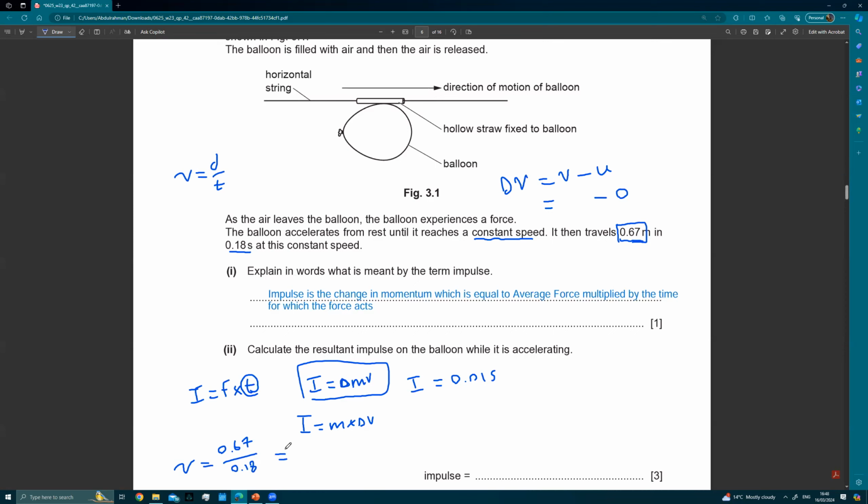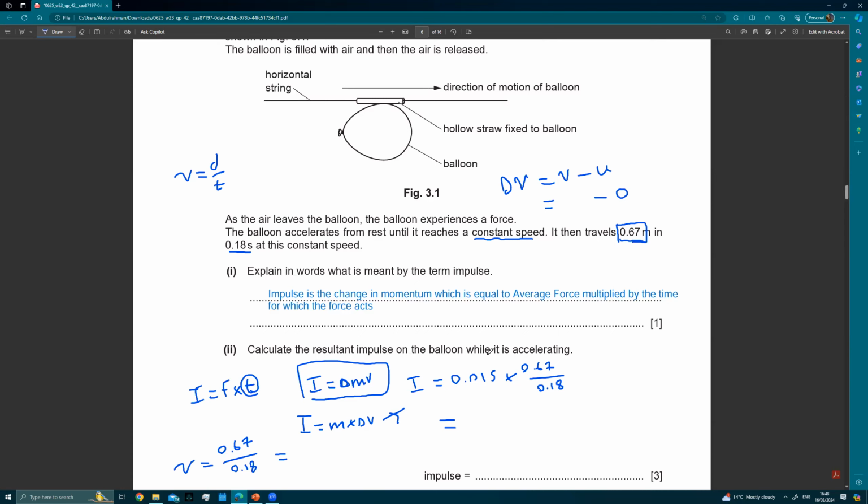And now I could say that impulse is mass times velocity. So mass times the velocity, which is 0.67 over 0.18. And this gives me... sorry, my calculator stopped working. Just bear with me.